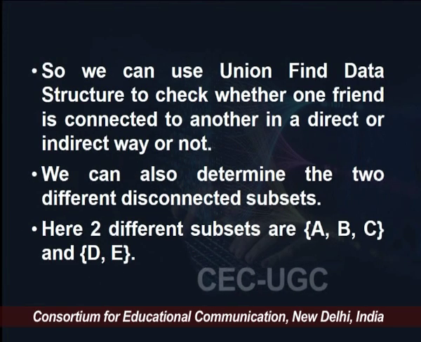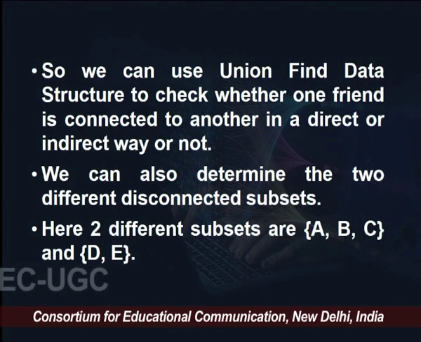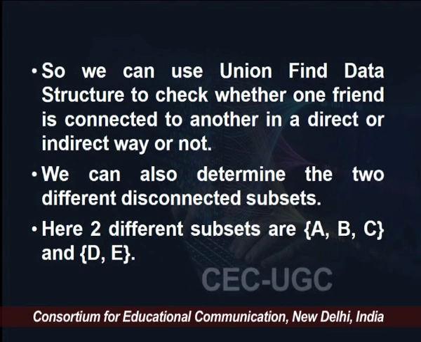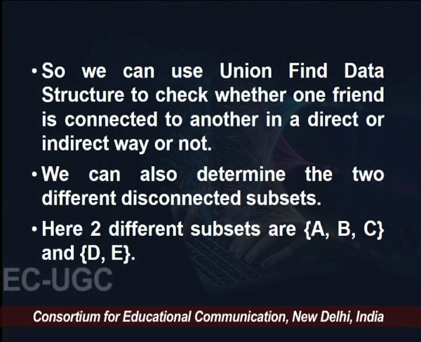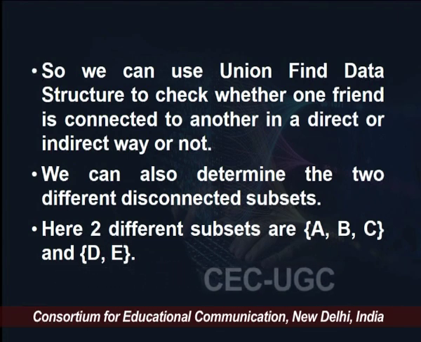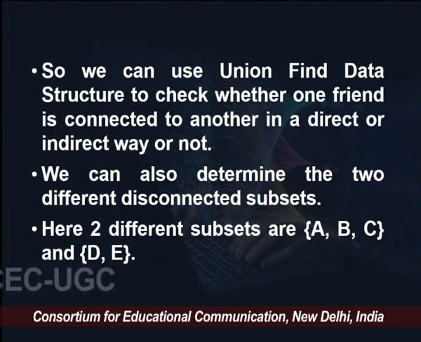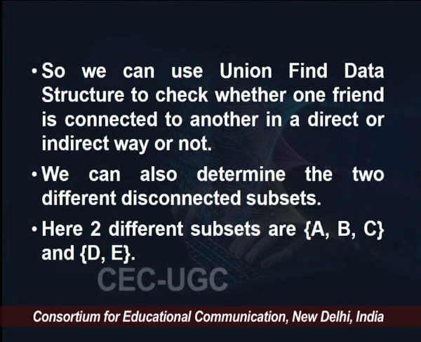Now, if we want to check whether one friend is connected to another, in a direct way or maybe in an indirect way. What is the direct way? A is a friend of B, or vice versa, B is a friend of A, is a direct way to get connected. And if I am saying A is a friend of B and B is a friend of C, then A and C are connected, but in an indirect manner.